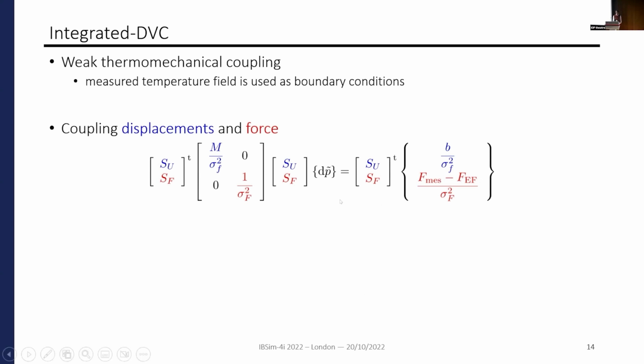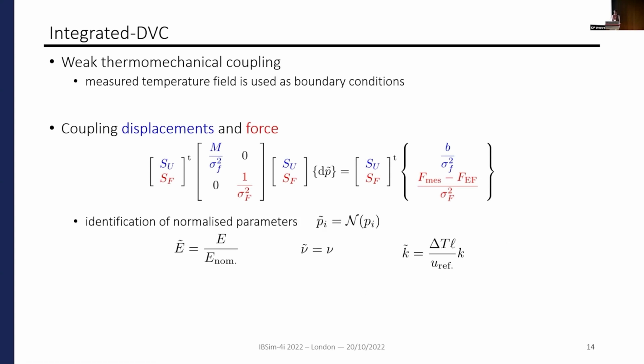And what we have to care about in this kind of problem is that they are ill-posed, so we have to be numerically a little careful. So we normalize parameters so that variation of the normalized parameters will induce displacements of quite the same order of magnitude each time. So here is just an example of normalization.